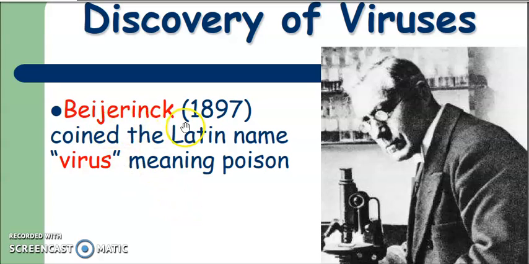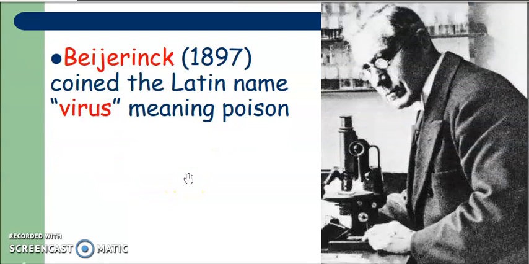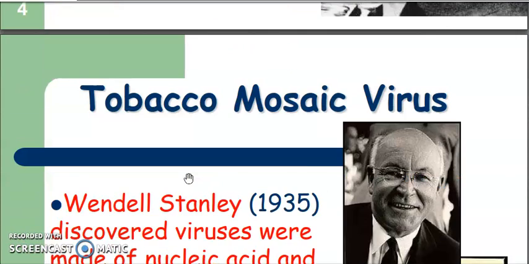The virus was discovered in 1897, and the Latin name virus was given by him. The meaning of the word virus is poison. So it means they are harmful to living things as poison.